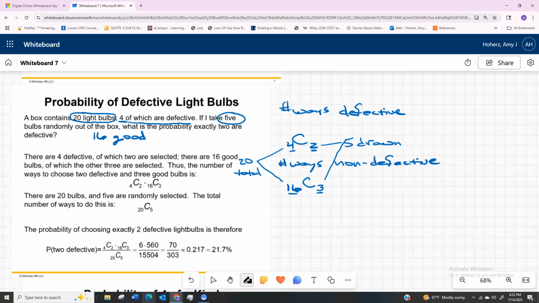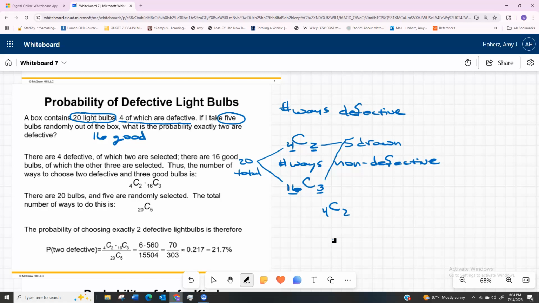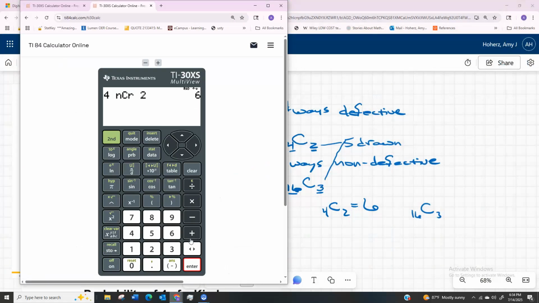So if we calculate these, that would tell us how many ways we have each. So the first calculation would be 4 choose 2. That's 6 ways. So the 4 choose 2 is 6. And the 16 choose 3, we get 560.